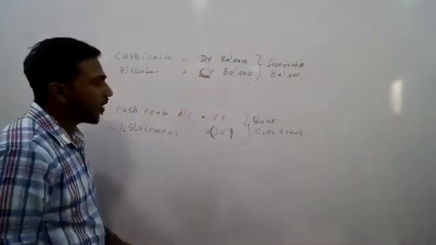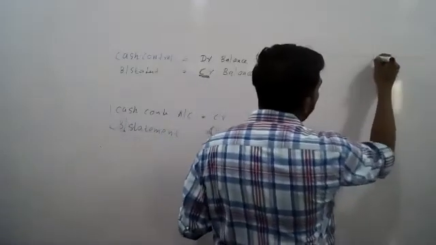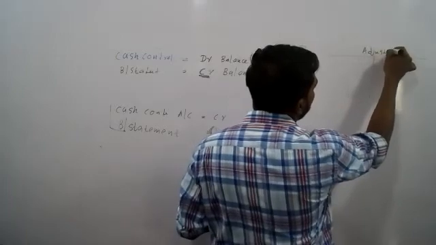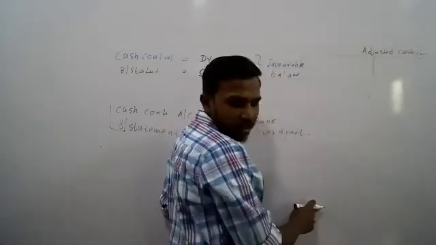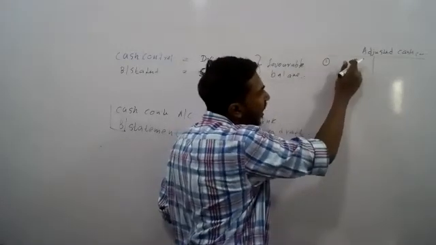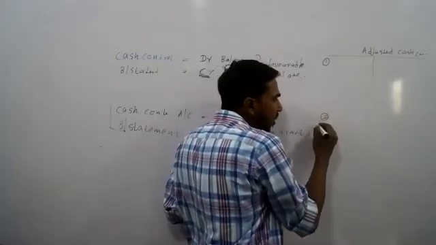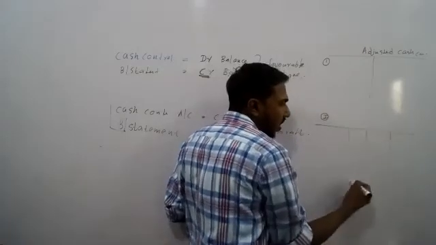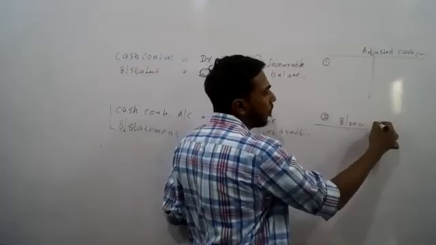Now look here. If you all can remember, the adjusted cash control account balance can be calculated using two methods. One is using the adjusted cash control account. The second approach is using bank reconciliation, method 2.